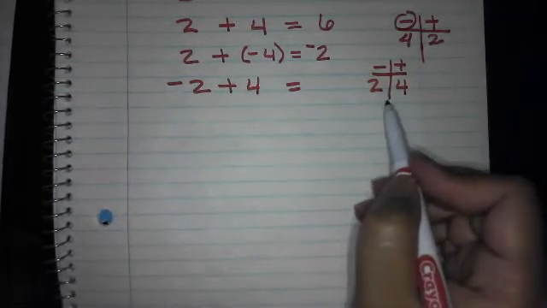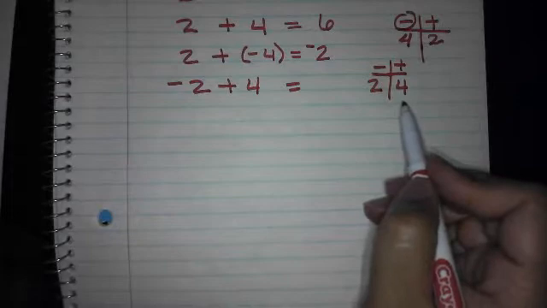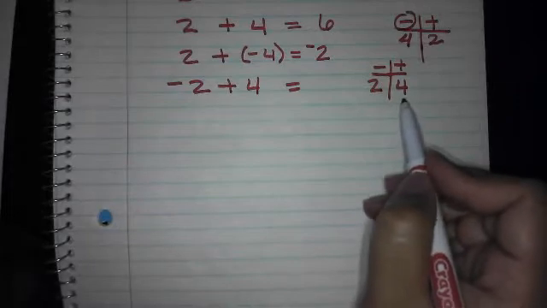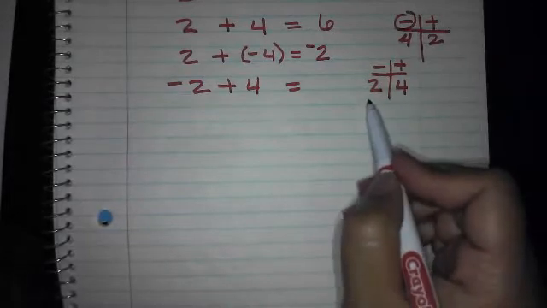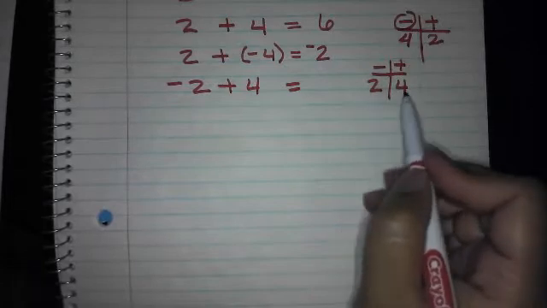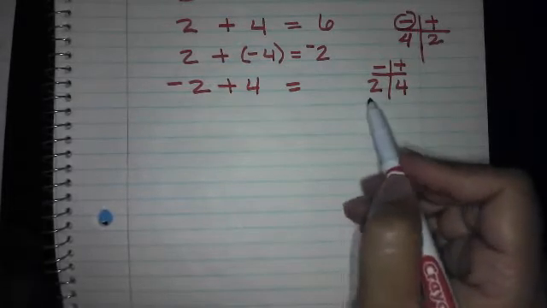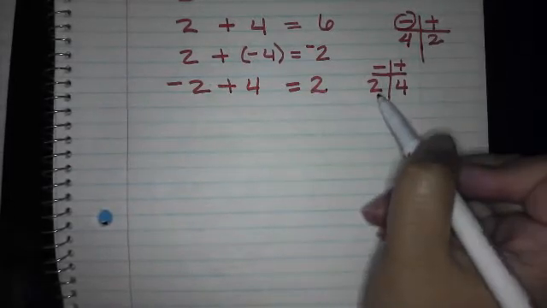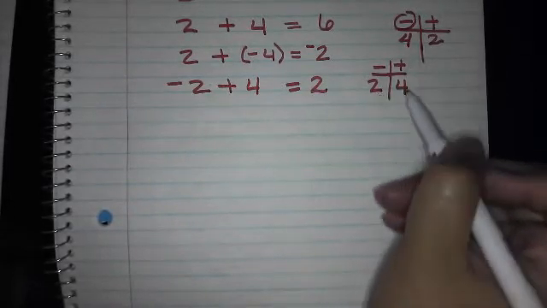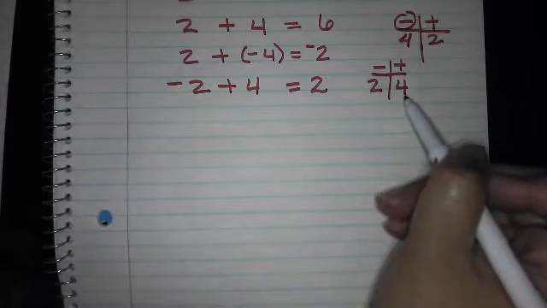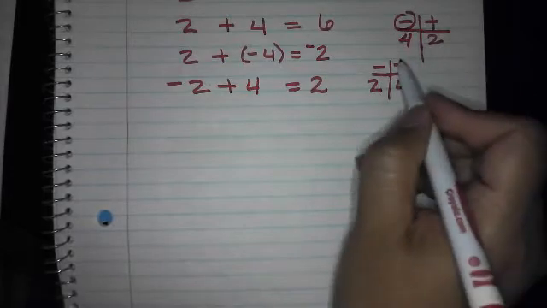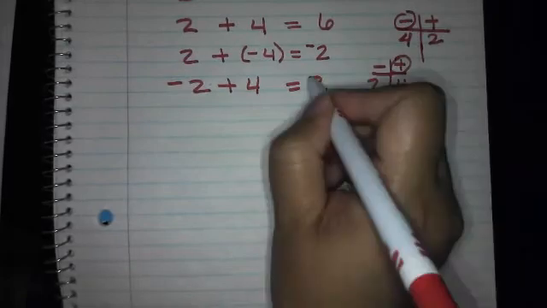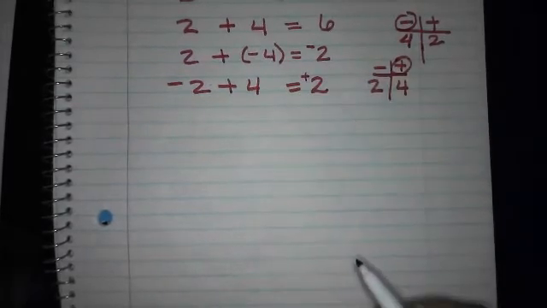On your T-chart, when you have numbers on 2 different sides, you're going to subtract. Take the bigger number minus the smaller number. So 4 is bigger than 2, so 4 minus 2 is 2. I have 2 negative, I have 4 positives. There are more positives, so my answer is going to be positive.